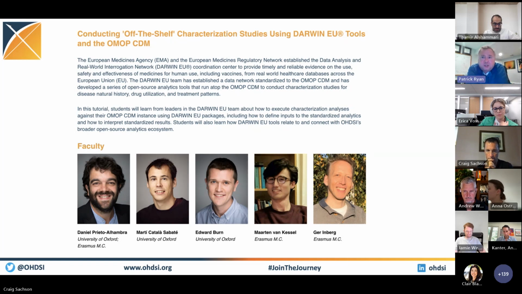And one of the things that's exciting about the Darwin EU project is that they have adopted the OMOP Common Data Model and are using OHDSI tools, and have also developed a suite of open source software tools as part of the Darwin EU projects that not only have proven to be valuable for the EMA, but have been made publicly available as open source resources for the broader community.